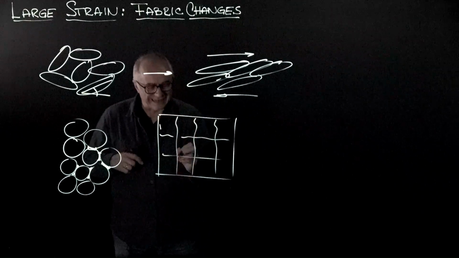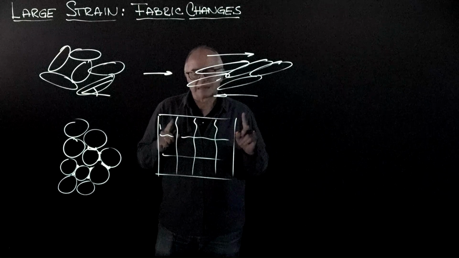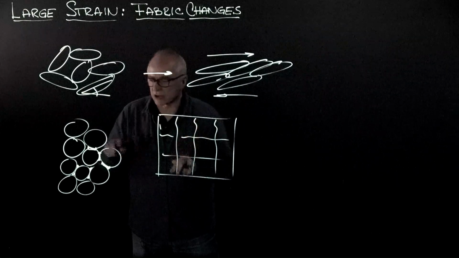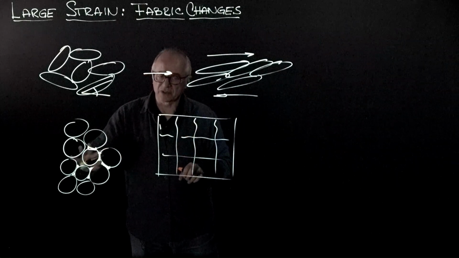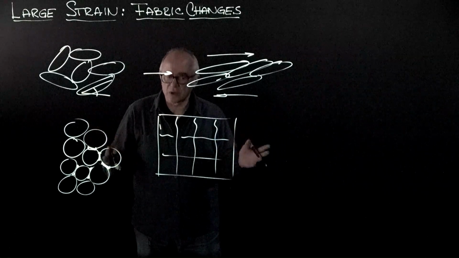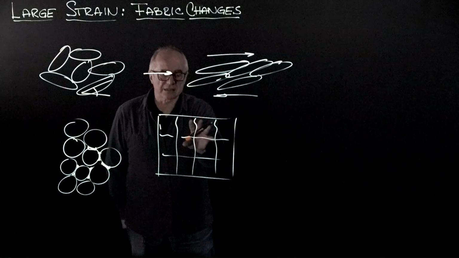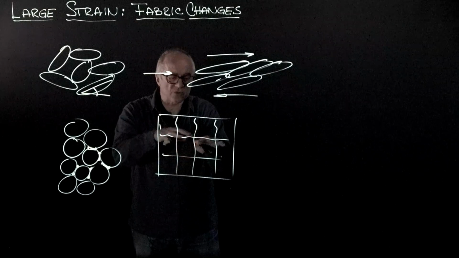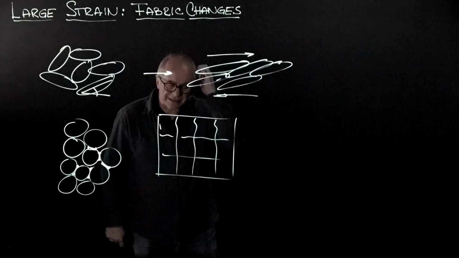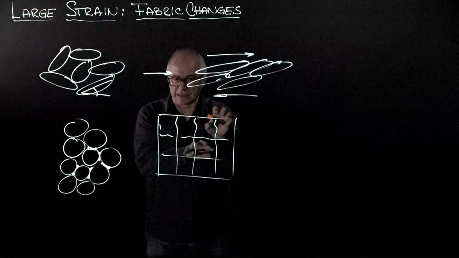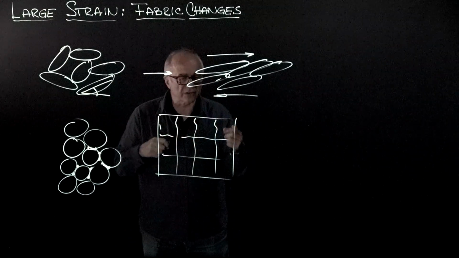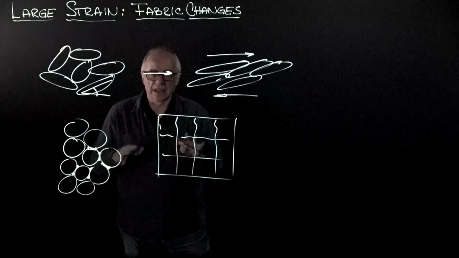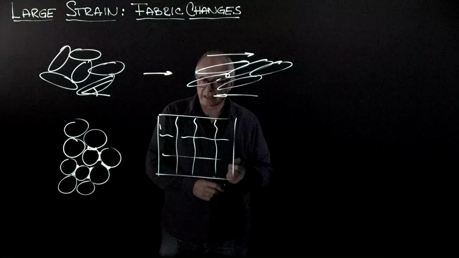I'm exaggerating the extent of blockiness, but the point I'm trying to make is that while the particle arrangement inside each block may be quite loose, and you say, well, this soil has high void ratio, it will be contractive, because it breaks in this form, and because each block is interacting with the next one across these quasi-flat surfaces, now the structure is very dilative. So cementation may give us not only higher stiffness, it will also change the dilative tendency of the soil. That means it will shift the critical state line.